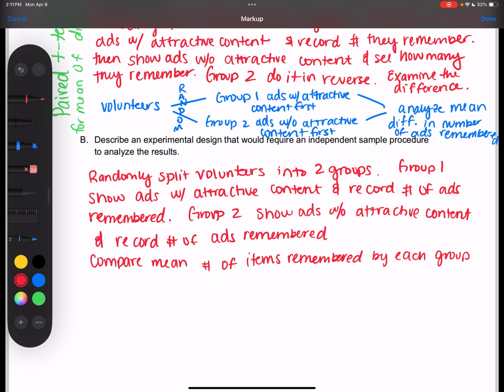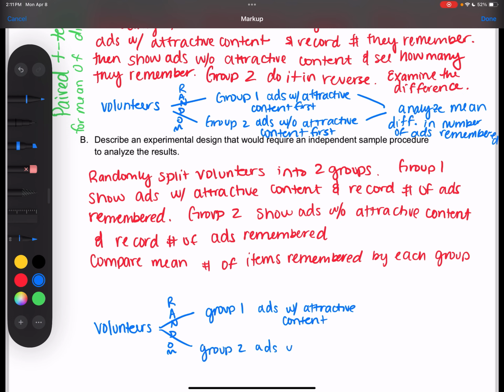So this one drawn out kind of more as like the little tree thing. It's going to look very similar. Volunteers, random. So group 1, ads with attractive content. Group 2, ads without attractive content.